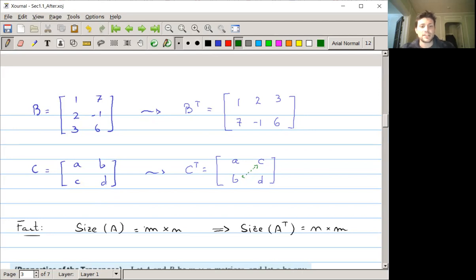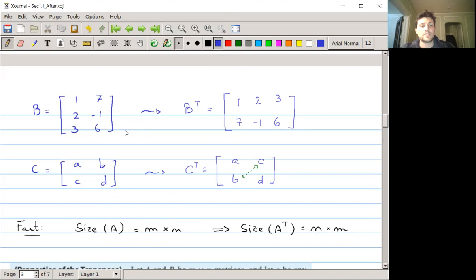I want to bring your attention to the fact that by how transposition works, the role of columns and rows gets switched, and therefore the sizes of the matrix get switched. If a matrix has m rows and n columns, its transpose will have n rows and m columns.